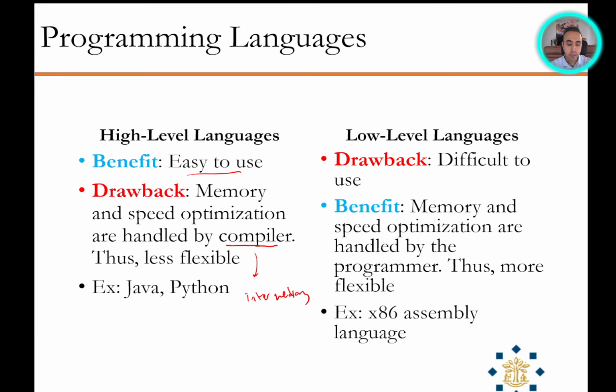So therefore it is less flexible. But a low-level language, although it is difficult to use compared to a high-level language, has memory and speed optimization handled by the programmer, so that's more flexible.